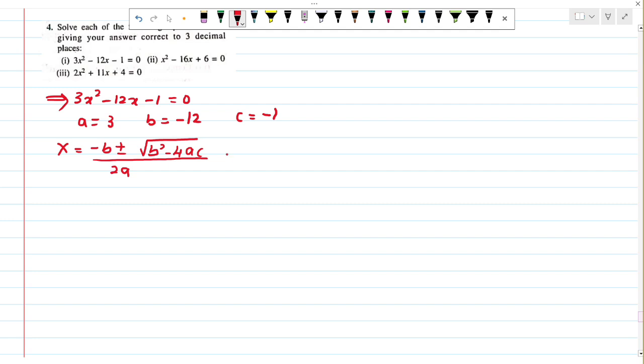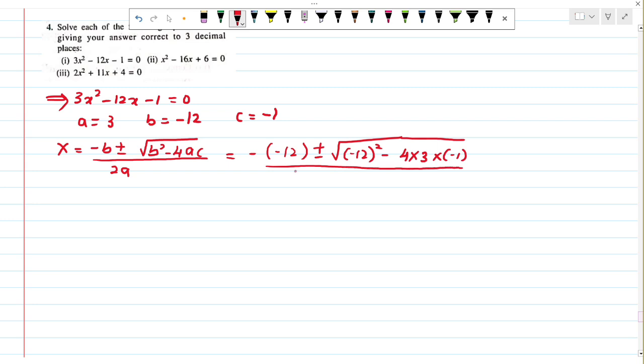So what is minus b here? Minus of minus 12, plus or minus root of b square, that is minus 12 square, minus 4 into a which is 3 into c which is minus 1, divided by 2 into a which is 3.